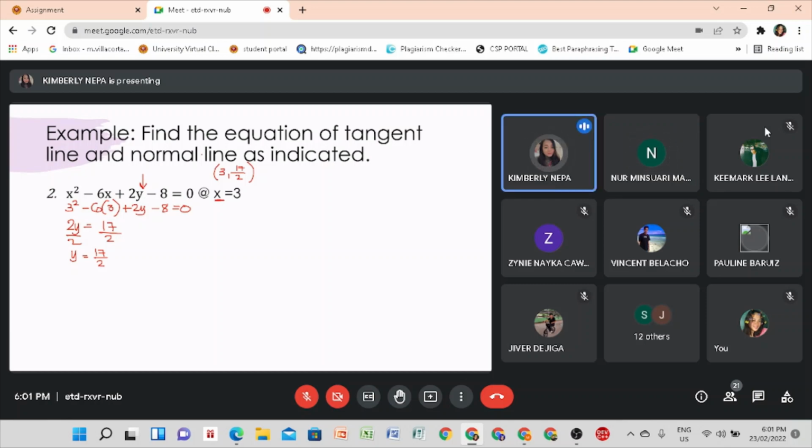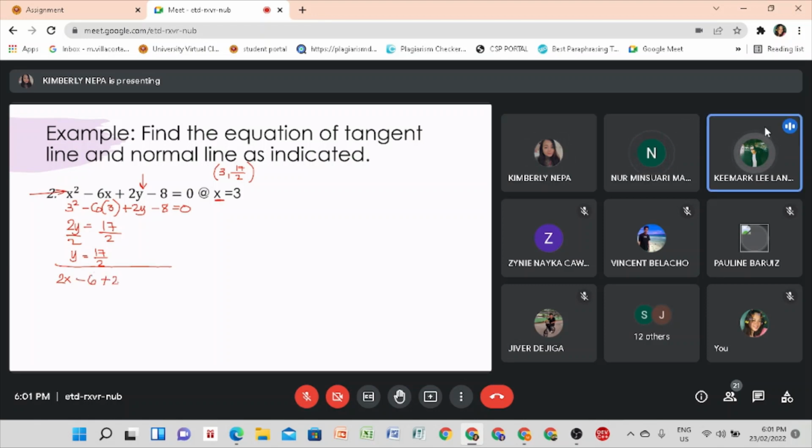But that is still just the value of y. Now, we have to find again the slope. So, how can we find the slope from here? Derive po, ma'am. Then substitute po. Okay, derivative of x squared. 2x po. Derivative of 6x. 6 po. Derivative of 2y.